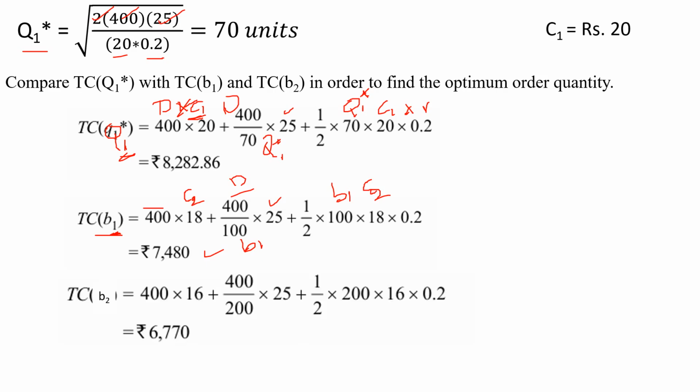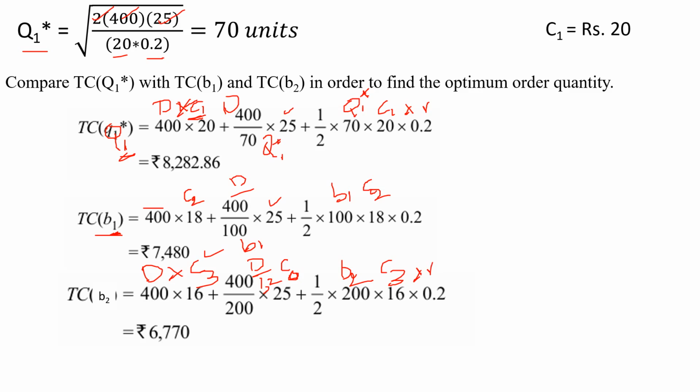Similarly, we have to find the total inventory cost at the B2 quantity. Here the purchasing cost is D into C3, and the C3 value we know is 16. Then the number of orders is D by B2, that is 200, into C0 the ordering cost, plus 1 by 2 into the average inventory B2, into C3, that is 16 rupees, and the R value.